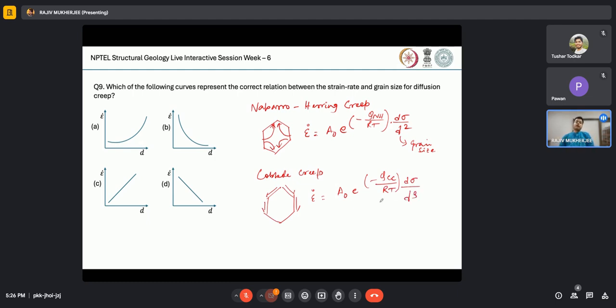Right? So in the Nabarro-Herring case, the strain rate is a function of the inverse of d square. So this is the inverse square law. And this is the inverse cube law.